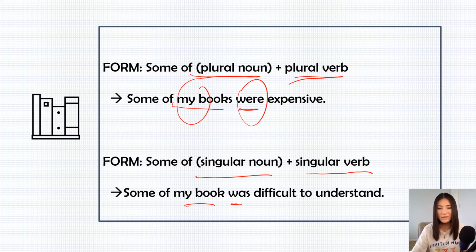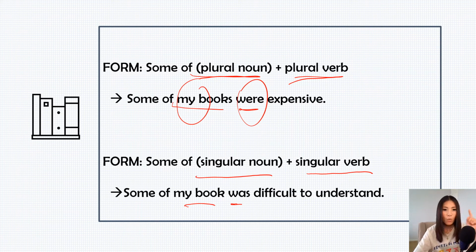So what do you think is the difference between some of my books and some of my book? If you look at the first sentence, it means that you have many books. Let's say you have 5 books and 3 of them, some of them, were expensive. If you look at the second sentence, some of my book was difficult to understand, singular.